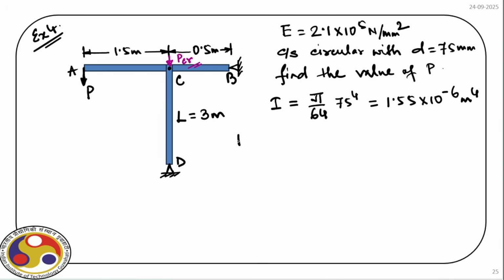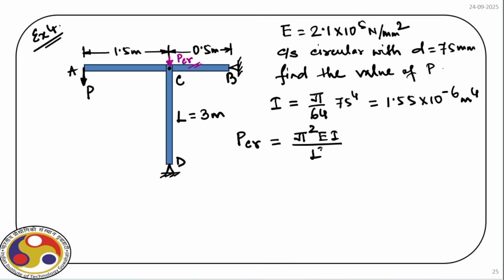Now P critical we can evaluate, and that is pi square E I by L effective squared, where L effective is again L because we have hinge boundary condition.